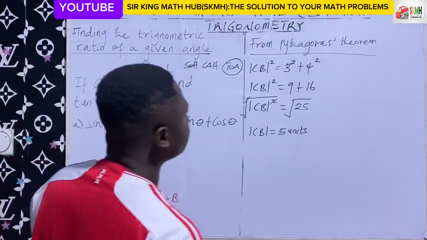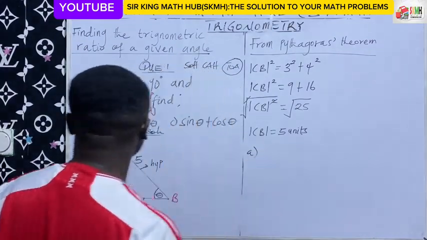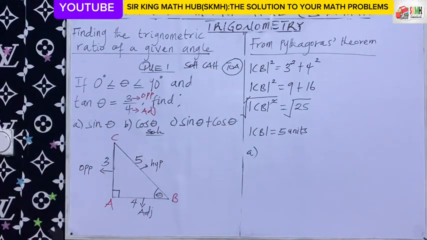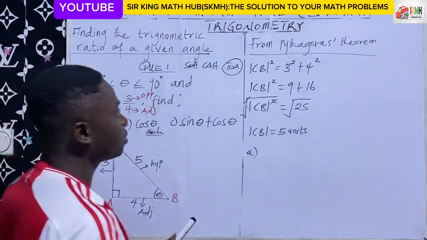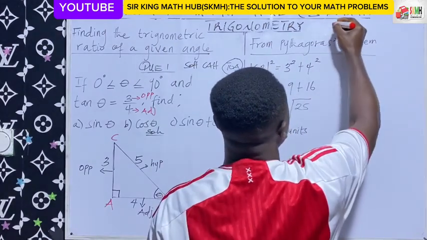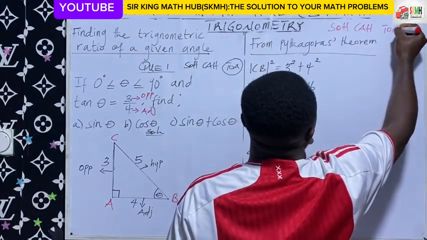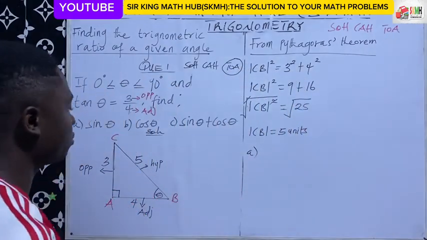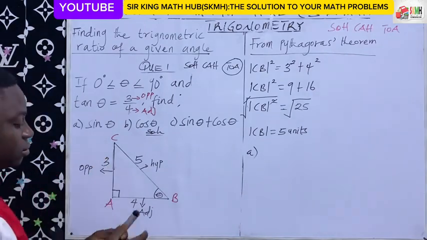So with this, we should be able to calculate A, sine theta, the sine of this angle. So from SOHCAHTOA, which of them relates to sine? So that is SOH.